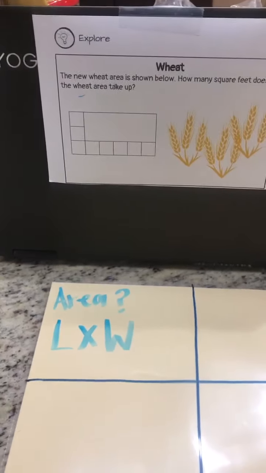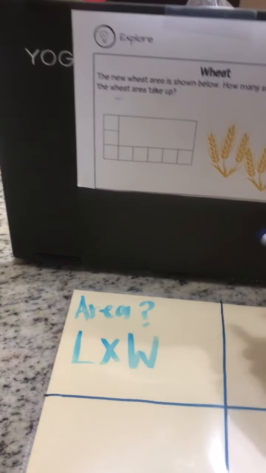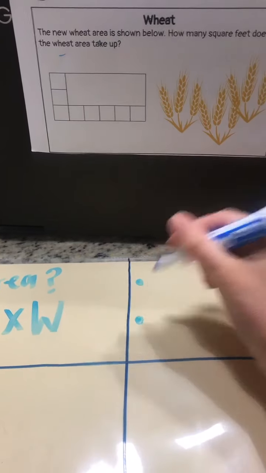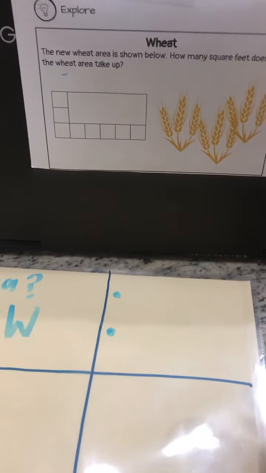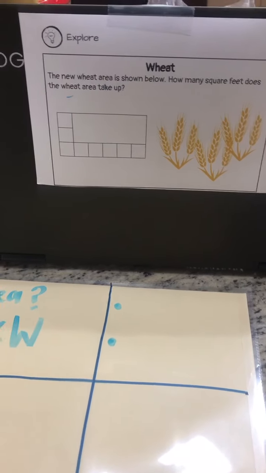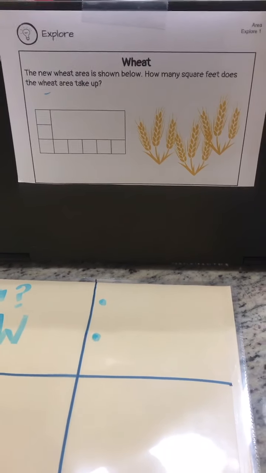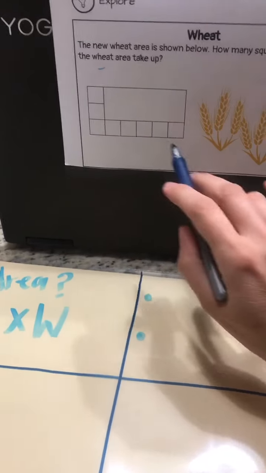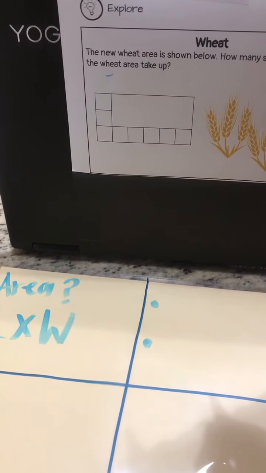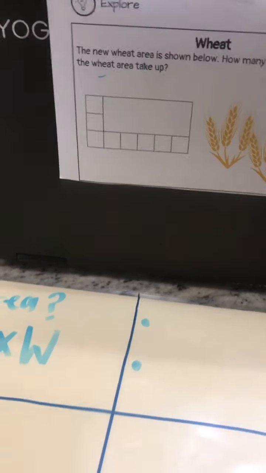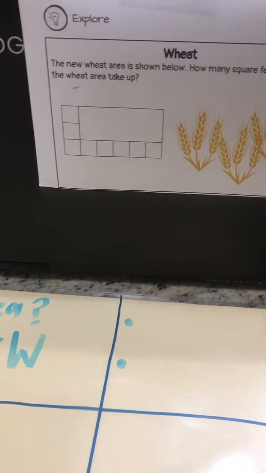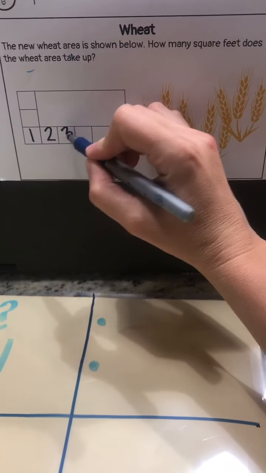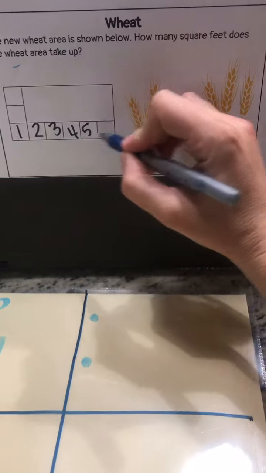Okay, next thing to do, data. I'm going to move it over here because my pretend dry erase board is really small. The first one, I'm actually going to switch to a marker and write on this problem. I'm going to say this is how long it is, and I'm going to write it in, okay? Use all of my strategies to make sure that I don't mess up. So 1, 2, 3, 4, 5, 6.